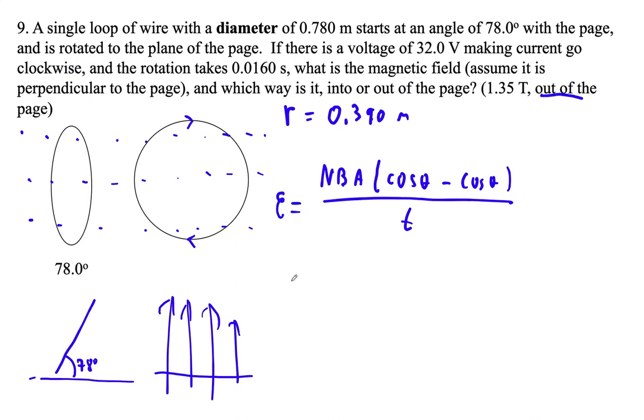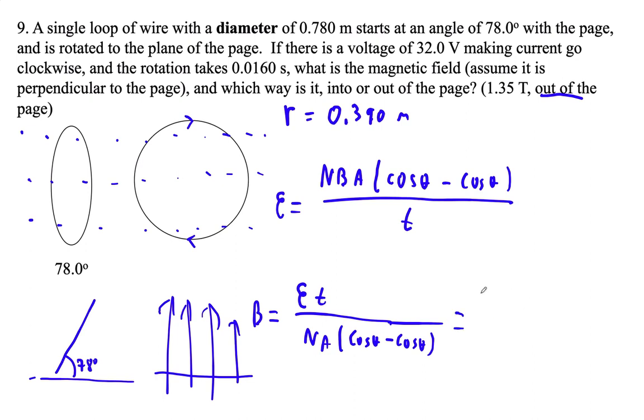So then we're looking for the B, right? And the B is going to be EMF times time. Let's see, B is equal to EMF times time over NA cos theta minus cos theta. Right? Okay, I think, right?